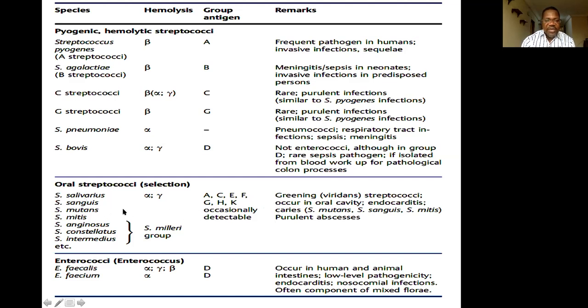So we have Streptococcus salivarius, sanguis, mutans, and mitis. And we have Streptococcus anginosus, constellatus, and intermedius that are together called the Streptococcus milleri group. The last category is what we call Enterococcus, and we have mainly Enterococcus faecalis and Enterococcus faecium. So those are the different species of streptococci that are causing infection in humans.